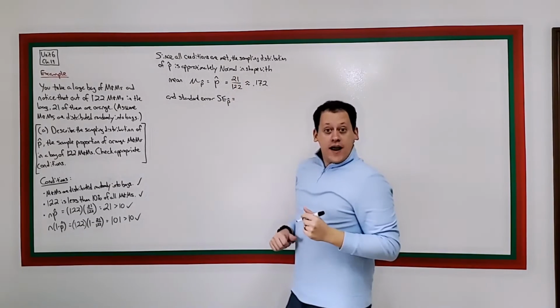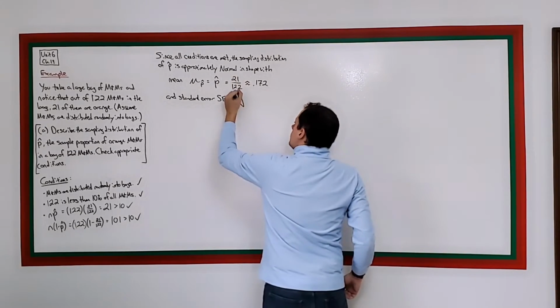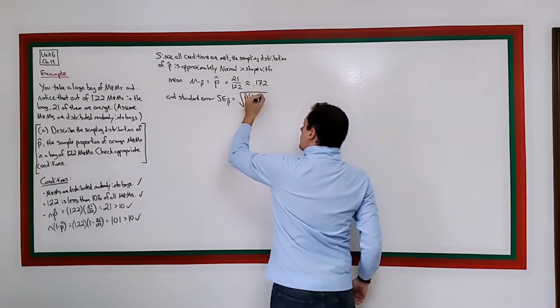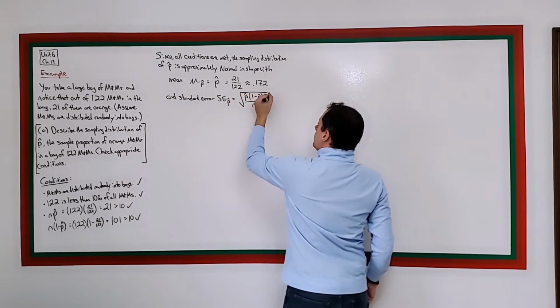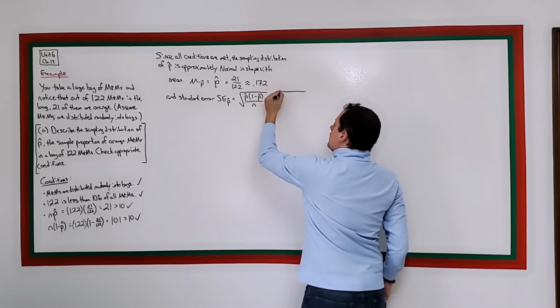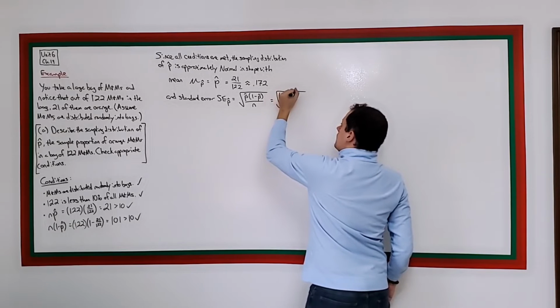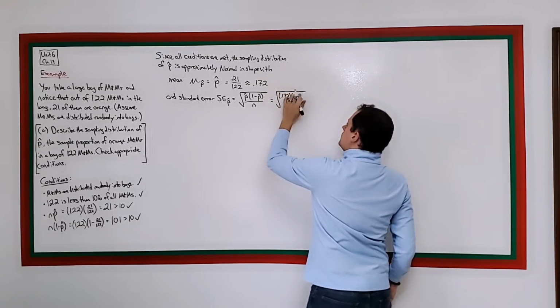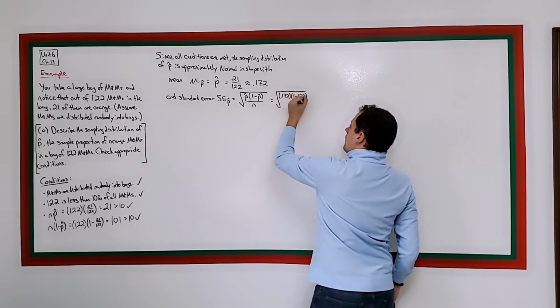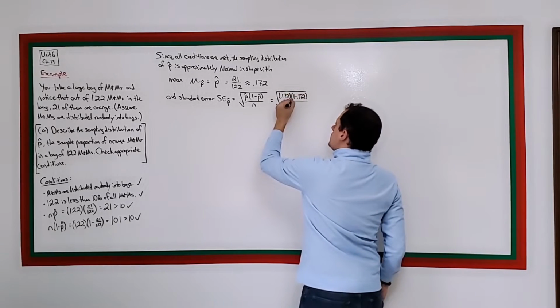And the standard error, the formula for that, it's the square root of p hat times 1 minus p hat all over n, which is going to be the square root of 0.172 times 1 minus 0.172, all over n is 122.